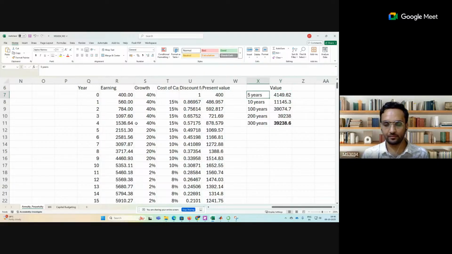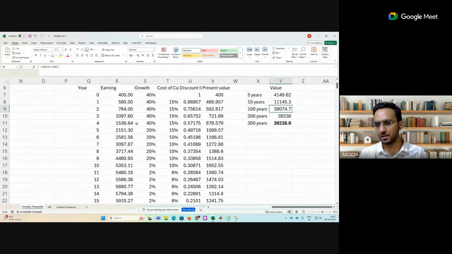These are my different assumptions: if my company lasts only for 5 years, if for 10 years, if for 100 years. These are very long periods, which is the general case we use for valuations. If I see the value, it is roughly something more than $39,000.